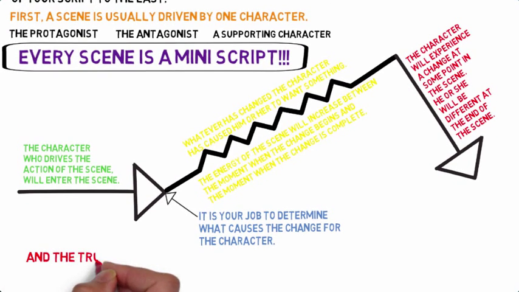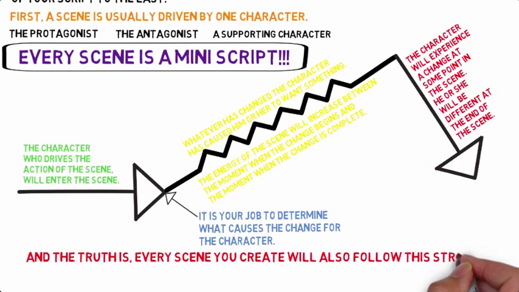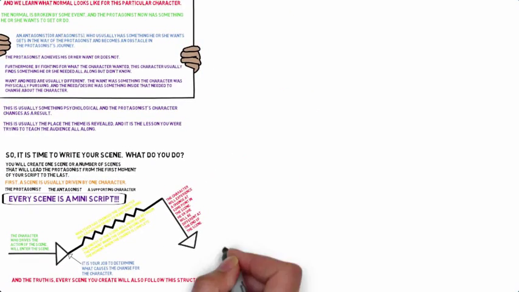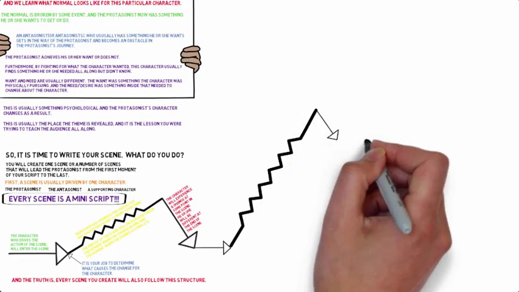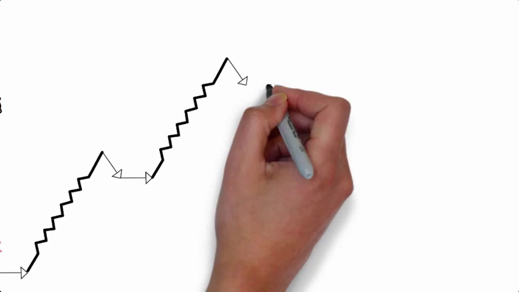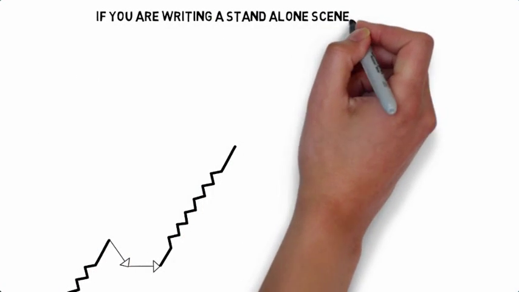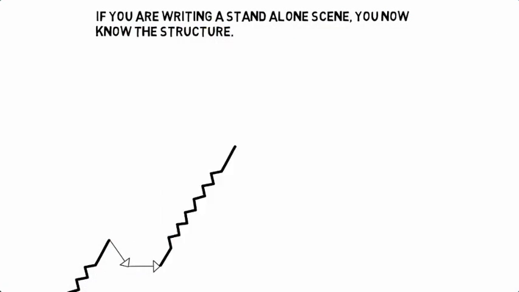And if you're writing a script, remember that every scene that you create will basically follow this structure, and every scene that you create will come together to build the bigger plot structure for the entire script. Up we go. All right, now, if you are writing a standalone scene, you now know the structure.